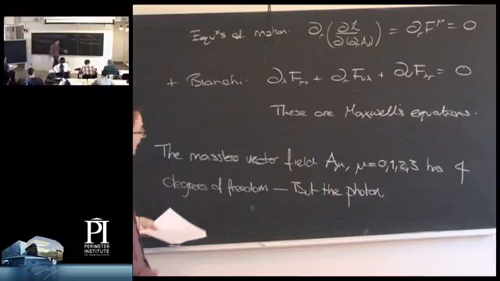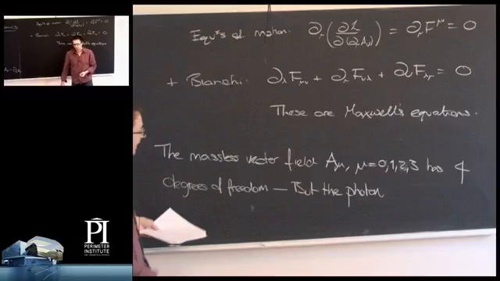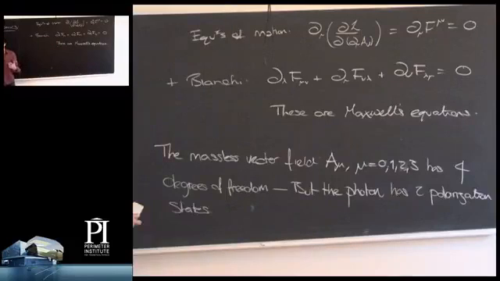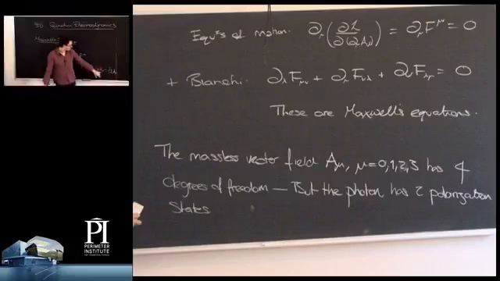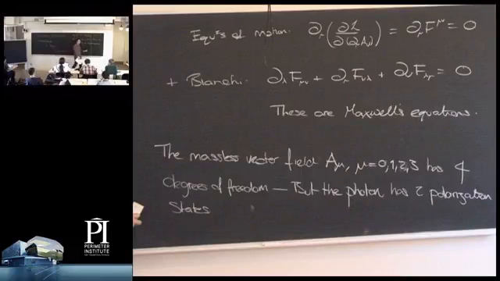And we're just going to do the same steps that we've been doing over and over again for scalar fields and for spinor fields. But there's going to be a problem. And you can see the problem immediately because this A mu, which is the field we want to quantize, has an index that takes 4 values, 0, 1, 2, and 3. So if we were going to quantize naively, you might think that there's basically 4 fields, and each of them is going to give rise to a particle.